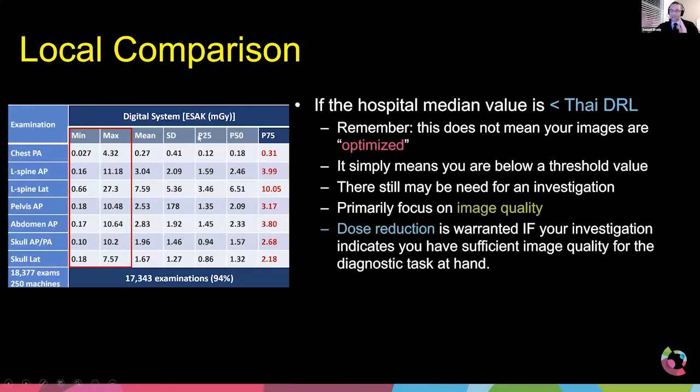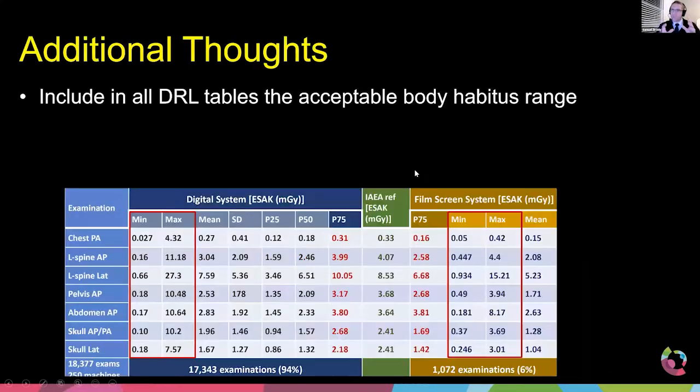Now, if the national DRL is coming down, that means that up to 75% of all the hospitals in Thailand can do the same task for lower dose. And so that's why you should ask yourself, is there really a reason why we have to do it above that? Oftentimes the answer is probably not.